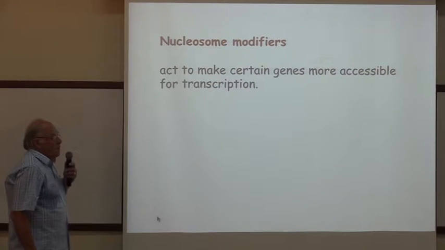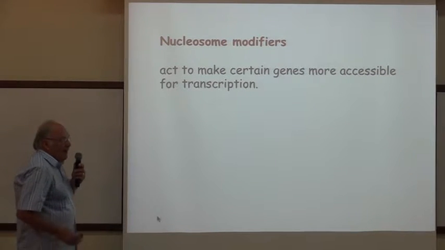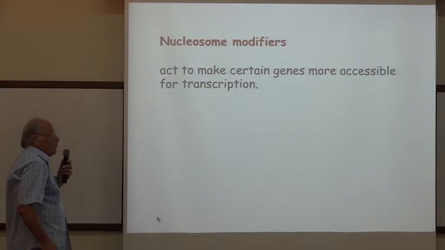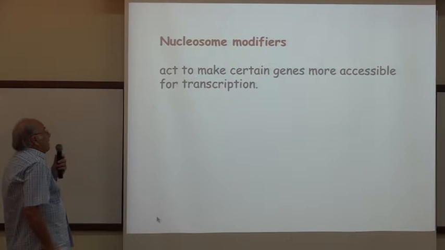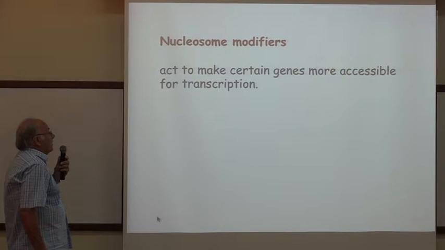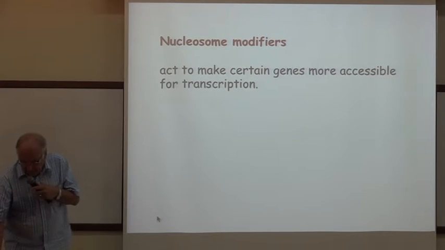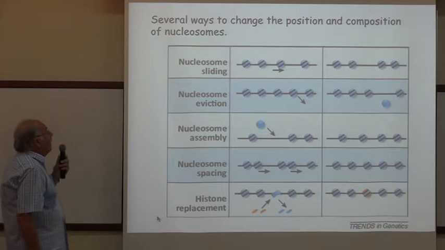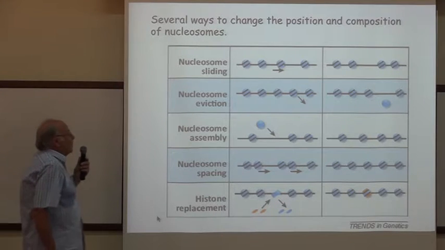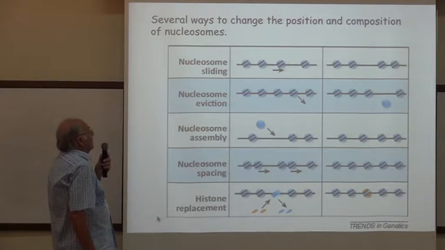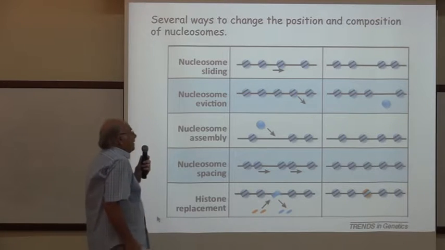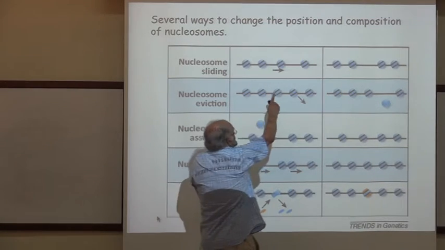And to then make the genes available for transcription, we have the nucleosome modifiers. They act to make certain genes more accessible for transcription. And there are several ways to change the position of nucleosomes. Nucleosomes can be sliding.